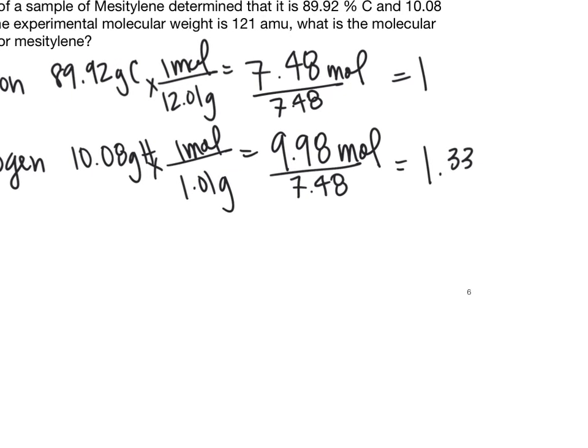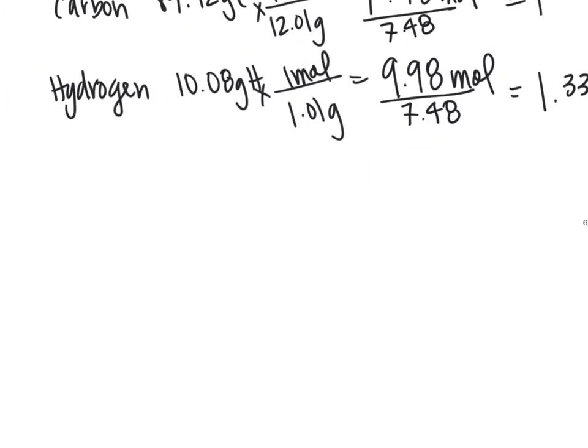And so now we're going to take our 4/3 and multiply through by 3, and 1 by 3. So in that case, we're going to get our empirical formula, which is C3H4. And so now we have the empirical formula.